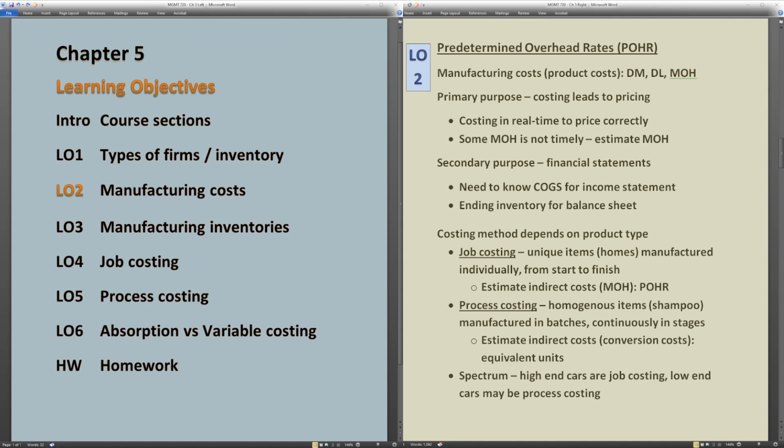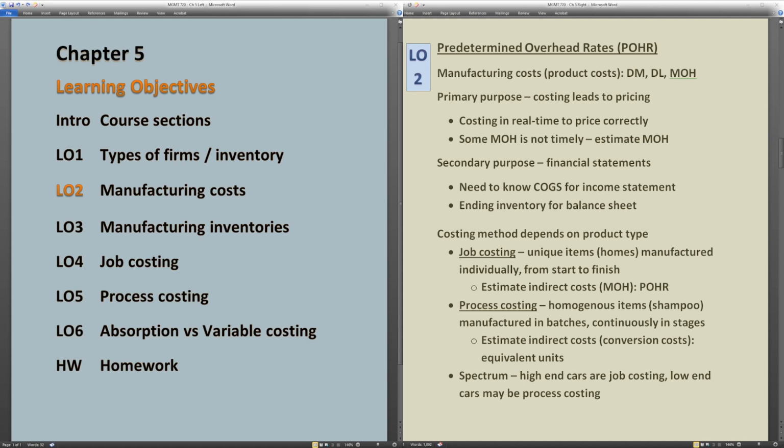Now, a secondary purpose of knowing these costs is going back to the financial statements. Now, we've talked about inventory, and I may have mentioned that inventory and cost of goods sold are flip sides of the same coin. When we own the inventory, we call it inventory. When we sell inventory, we call it an expense.